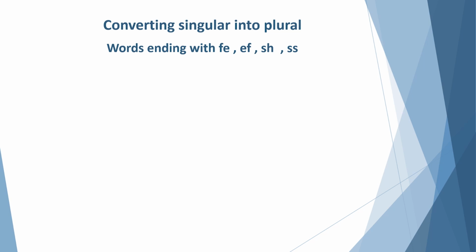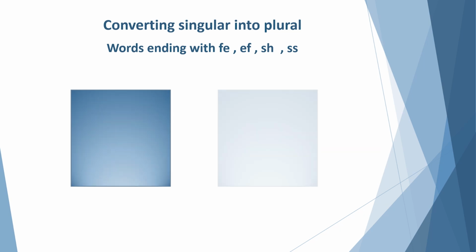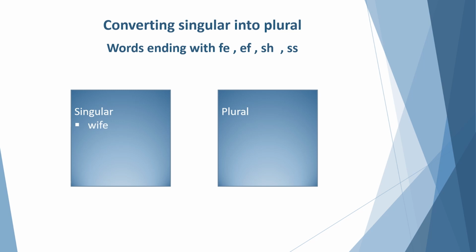Now we'll discuss how we convert singular into plural if words end with FE, F, SH and SS. Let's have a look at the nouns. Wife becomes wives. Thief becomes thieves. Dish becomes dishes, and class becomes classes.